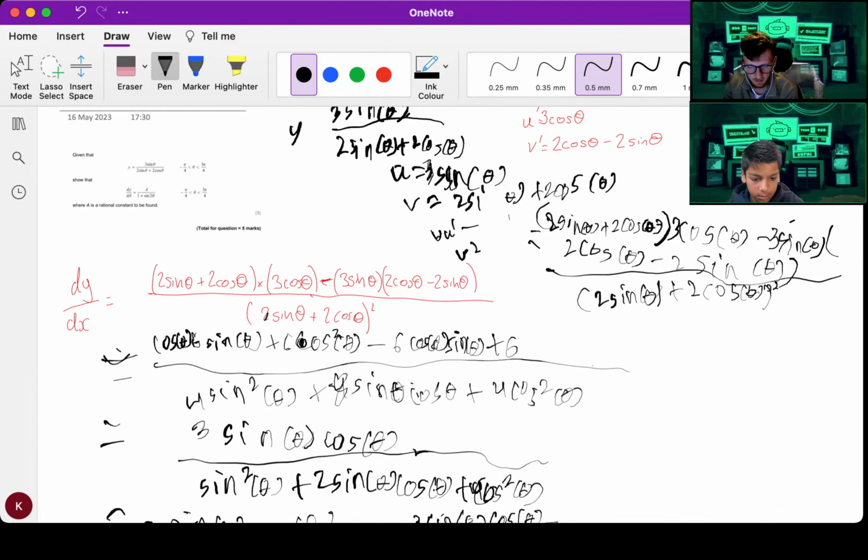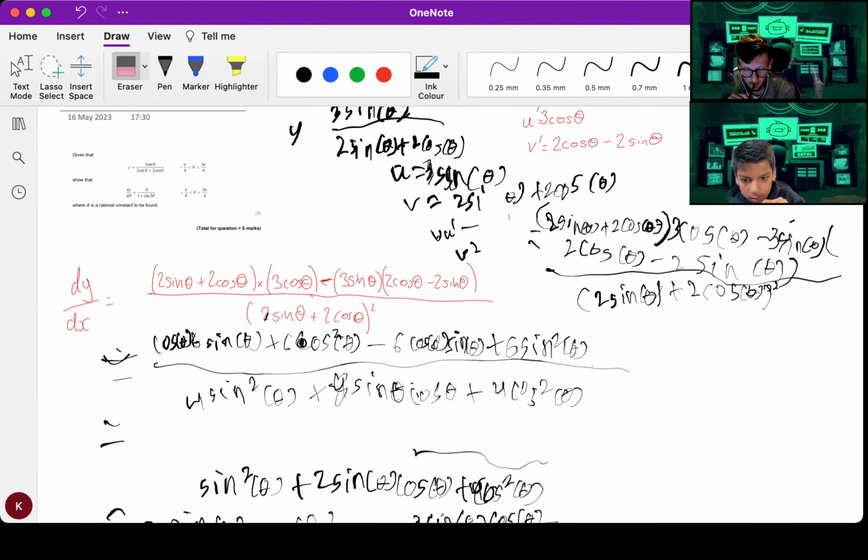Then it's plus 6 sine squared theta. And then 6 cos theta plus 6 cos squared theta plus 6 sine squared theta. Now that is just 6.